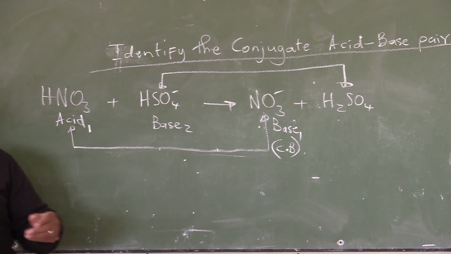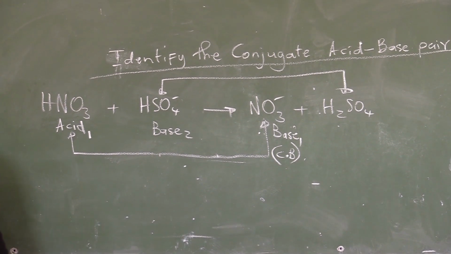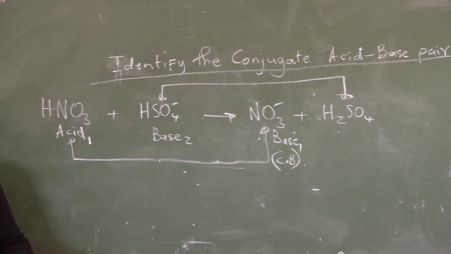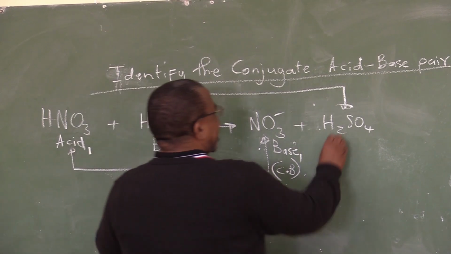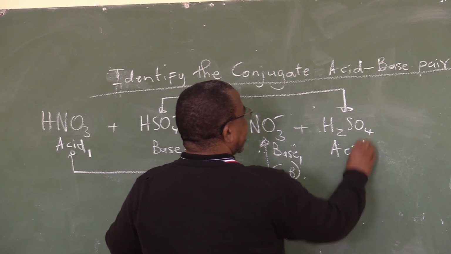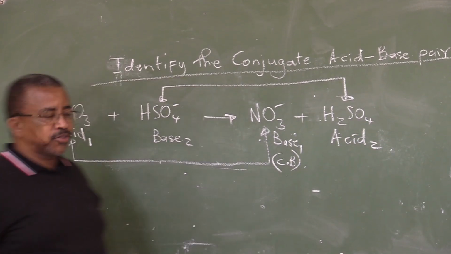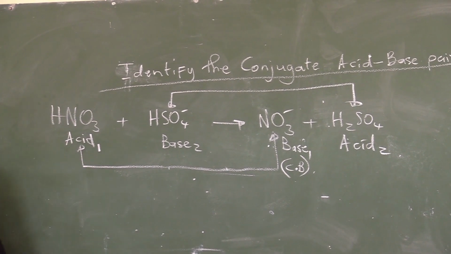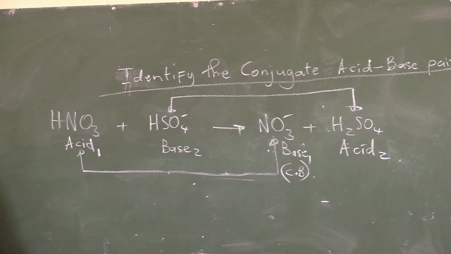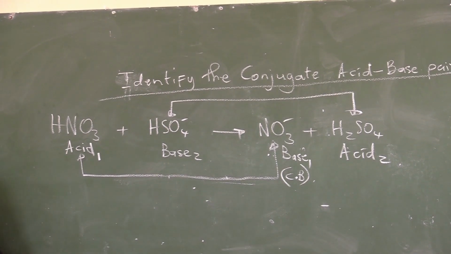Base 5, acid 5. So we have base 2 will give us what? Acid 2. So this is how other textbooks they explain ngayo a conjugate acid-base pair. So we have something of that nature.